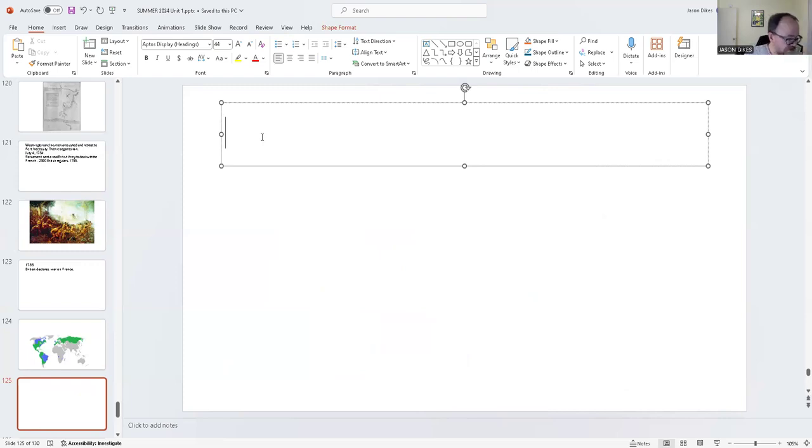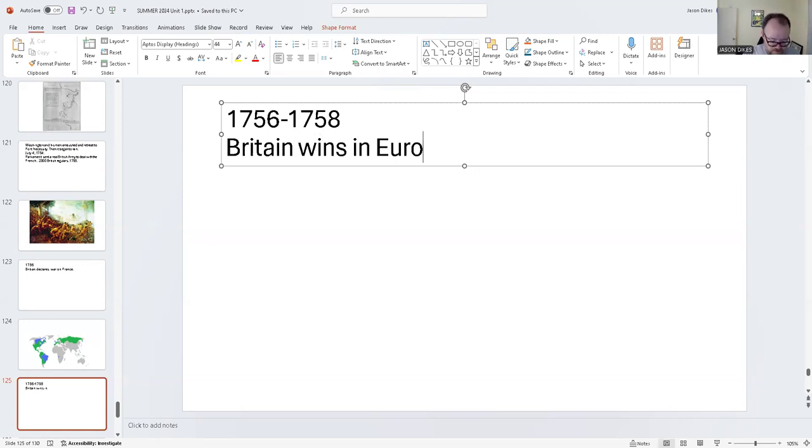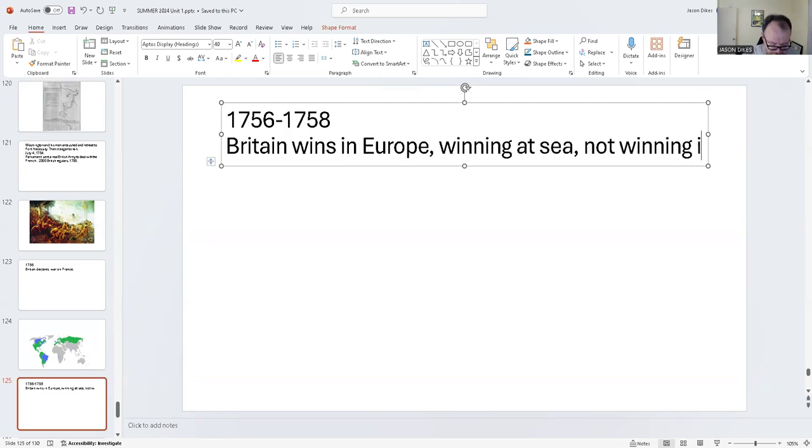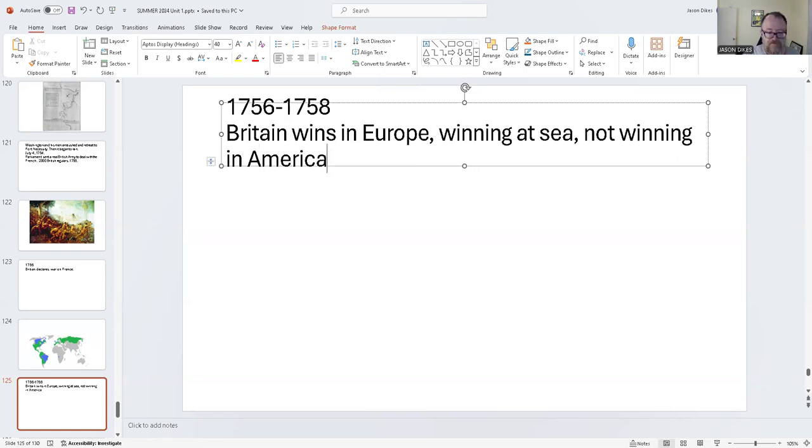For the first 2 years, the British don't do well in America. Okay, Britain wins in Europe. They are winning at sea. They are not winning in America. Okay.